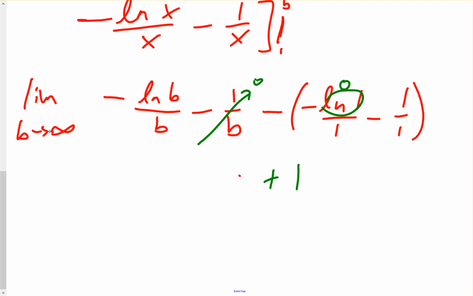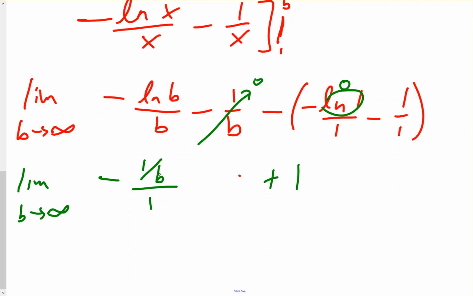Now if we take the limit as b approaches infinity, we could divide top and bottom by, well, better yet, we could just do L'Hopital's rule there, right? We could say negative, this would be 1 over b over 1. And so as the limit as b approaches infinity, that would make this top part become 0, right?